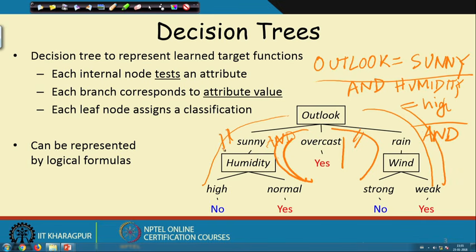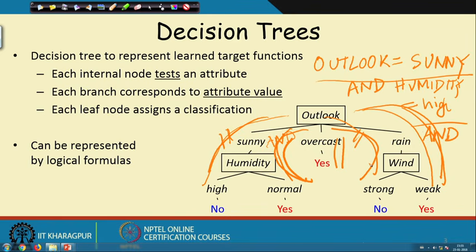This is a no branch, this is a no branch. So, I will say if this branch AND statement, or if this branch AND statement, or the third branch, then yes. And then I will say if this branch or this branch, then no.